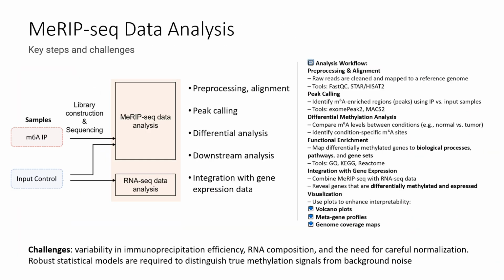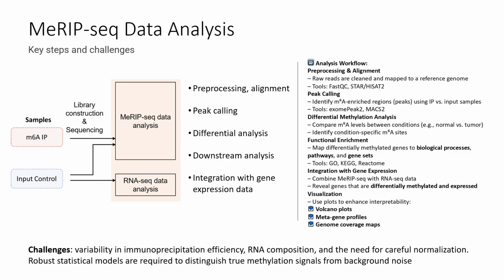MeRIP-seq data analysis typically follows a structured workflow designed to detect and interpret RNA methylation patterns across the transcriptome. The process begins with raw sequencing data in the FASTQ format. Early steps include quality control, alignment to a reference genome, and formatting to prepare for peak detection. Peak calling algorithms are then used to identify M6A enriched regions by comparing immunoprecipitated samples to corresponding input controls.